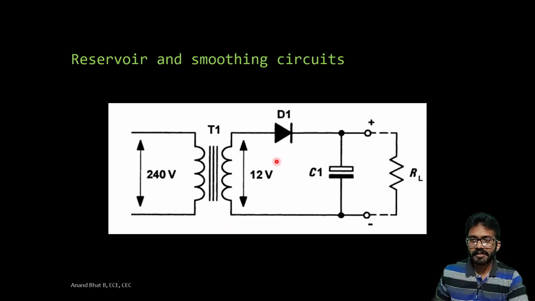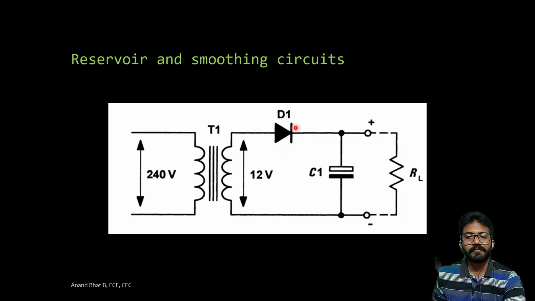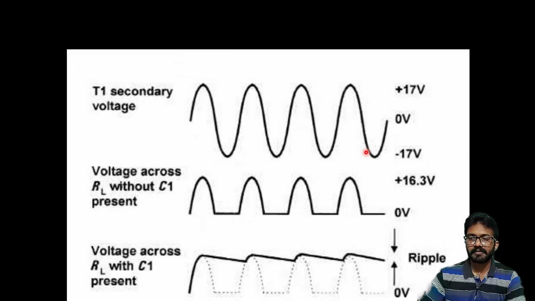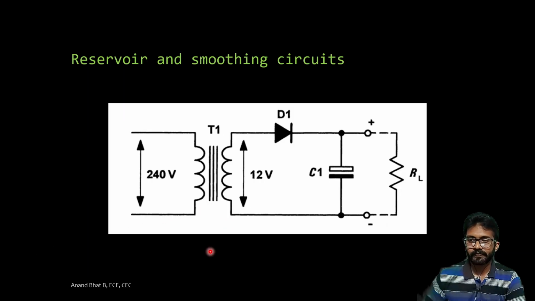Here we see that only one capacitor is added to a half wave rectifier circuit, and it will do the necessary job for us. How exactly it does that, we shall see with the help of the waveforms shown. What exactly happens in the output is, in the forward bias condition the capacitor charges.